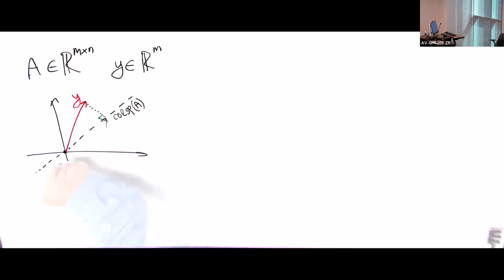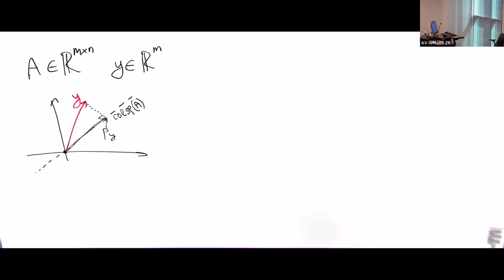So this will be a vector just pointing to that point, and this will be the projection of vector y on that subspace of columns of matrix A, whatever that subspace is. Right? So we are looking to find that Py. What is that P? Projection operator to project it into the matrix column space. This is the goal.